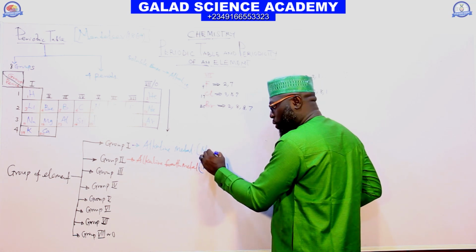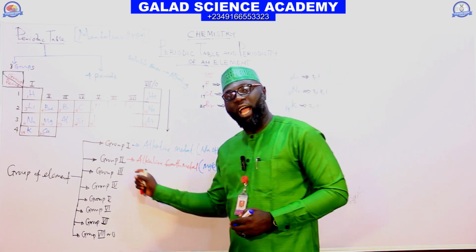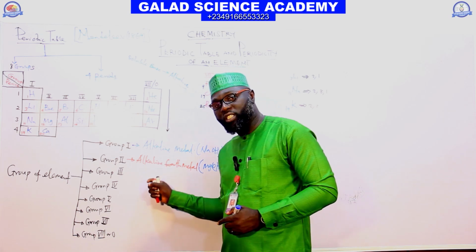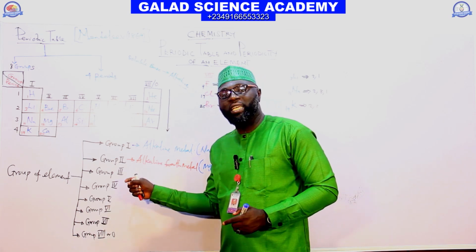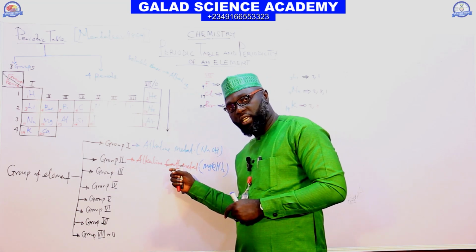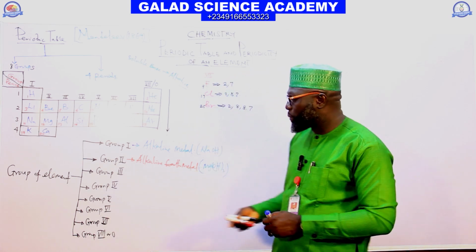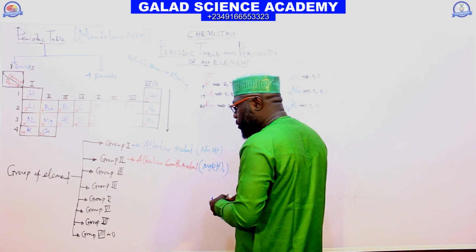Here we can have sodium hydroxide, they are soluble bases. And the group 2 elements are called alkaline earth metal because they can be found on Earth's surface. That's why they put alkaline earth metal here.